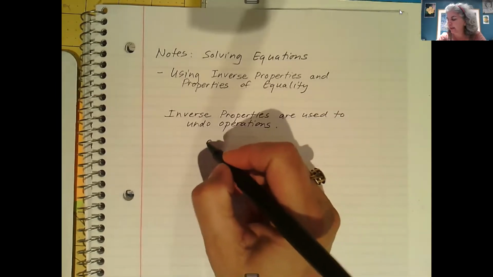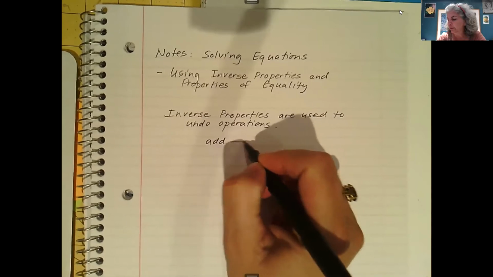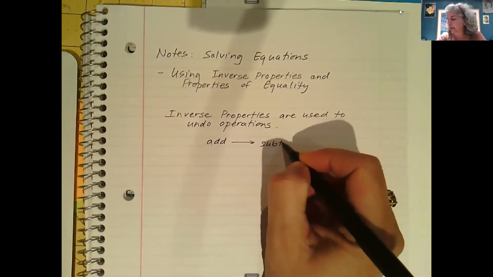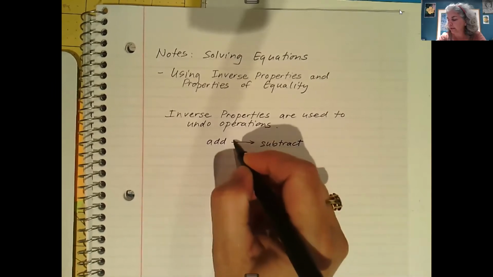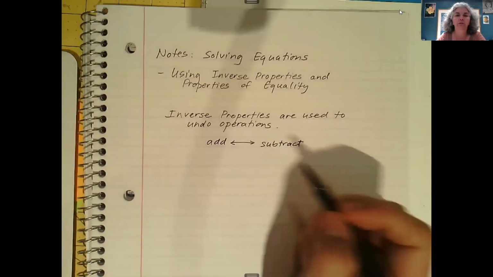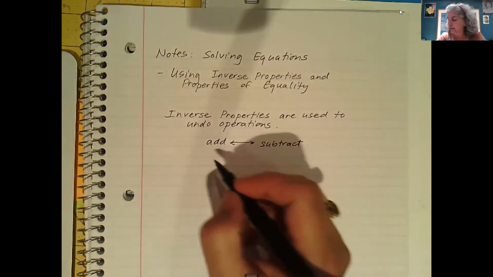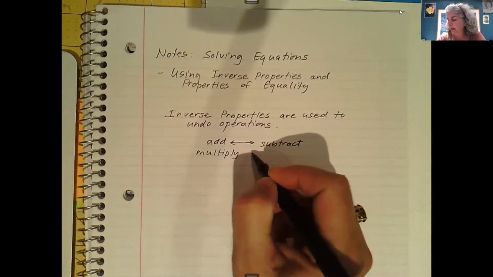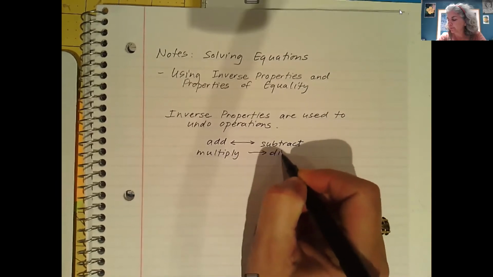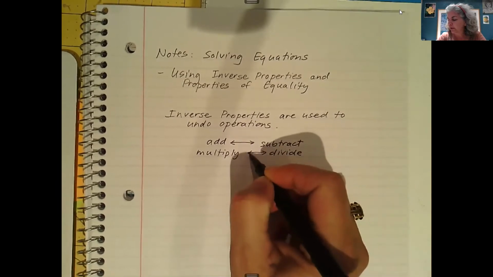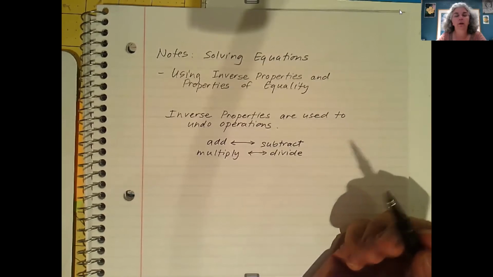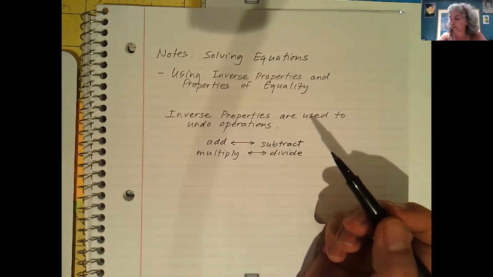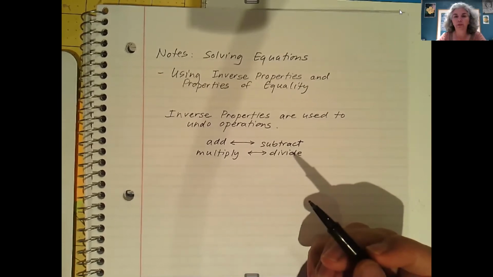The inverse of addition is subtract, and the inverse of subtraction is add. Those are inverses of each other. Same with multiply and divide. So we use one or the other to undo the other. We'll go through some examples so this makes a little bit more sense.